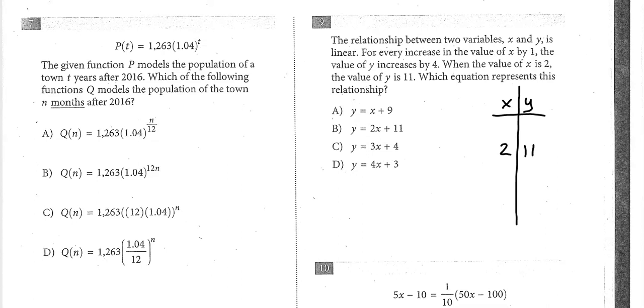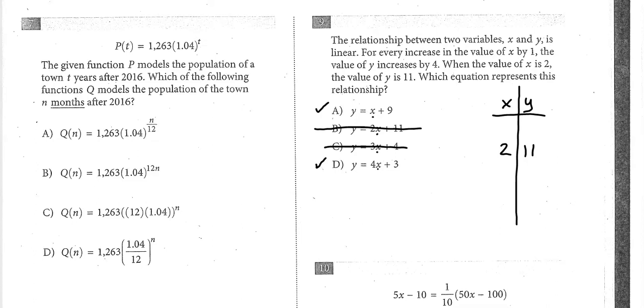Now, I could plug that in over to the left, but there's a couple of them that it works for. Right away, if I plug 2 in here, 3 times 2 is 6 plus 4, that equals 10. And if I put 2 in here, I get 11. If I put 2 in there, I get 15. So you could get it down to a 50-50 just with that.